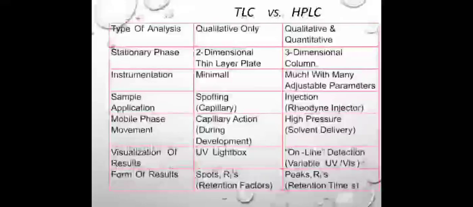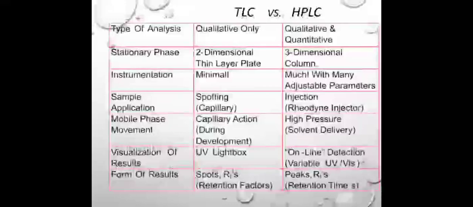Then sample application. In TLC, just spotting takes place with the help of a capillary, but in HPLC there is an introduction of sample by injection into a Rheodyne injector.